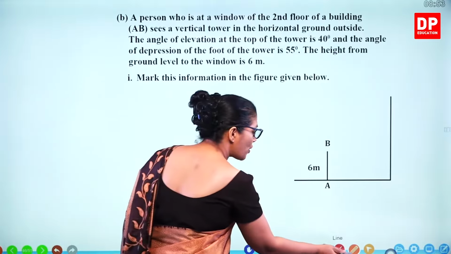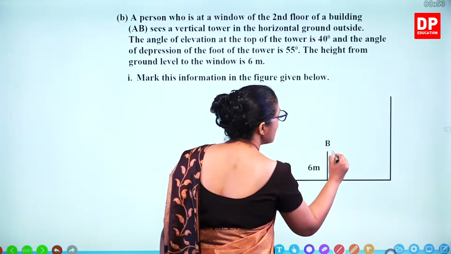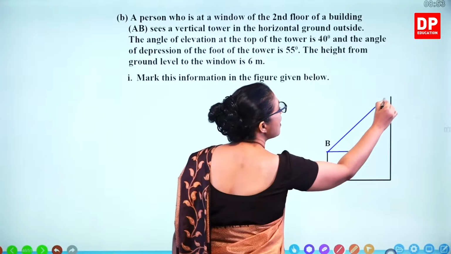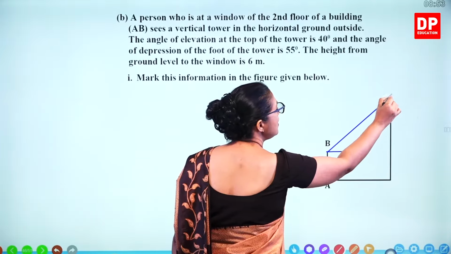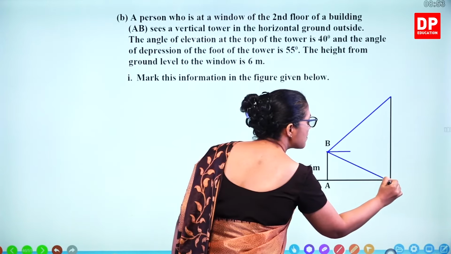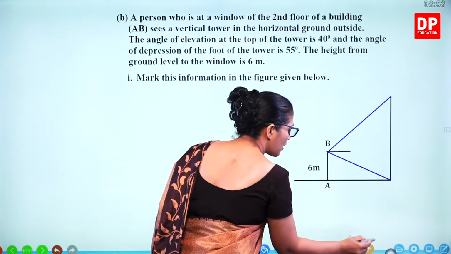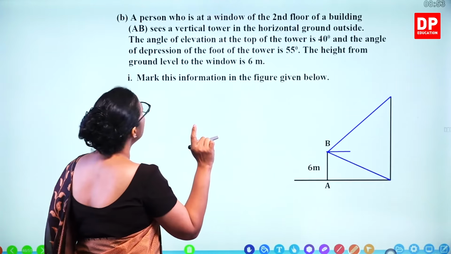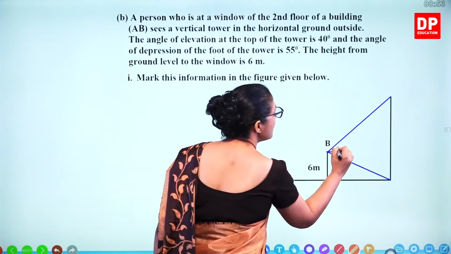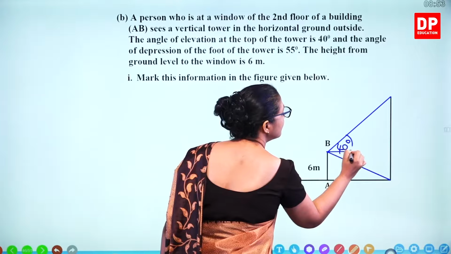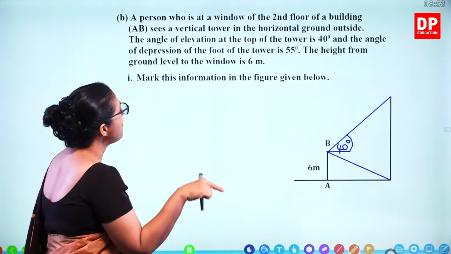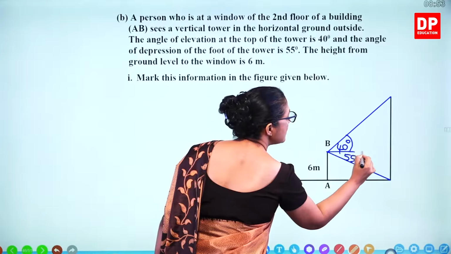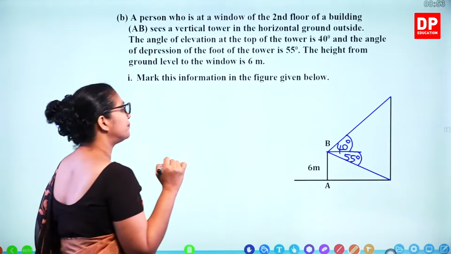So first you can mark the two angles. If you draw a horizontal line, this becomes the angle of elevation to the top and this becomes the angle of depression. So how do you mark these two? Angle of elevation is 40 degrees. So this is 40. Angle of depression here is 55. So this angle is 55.